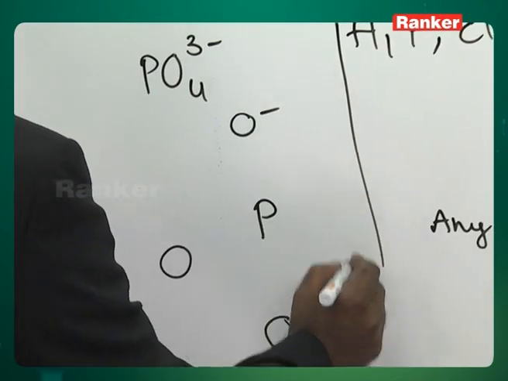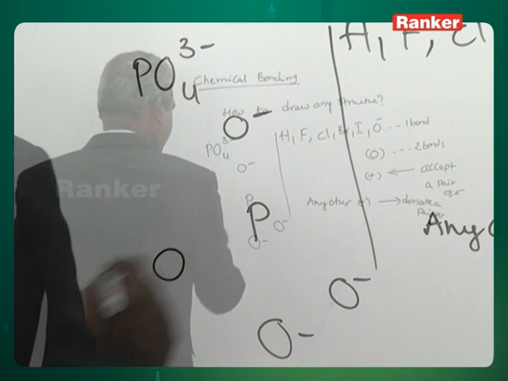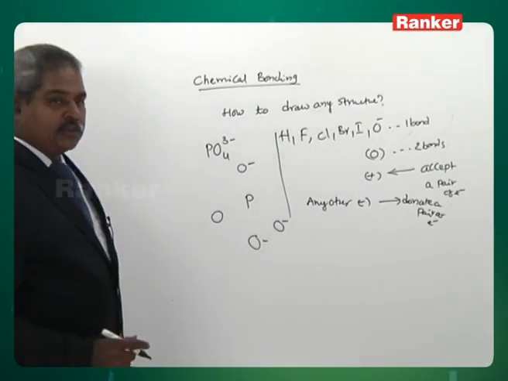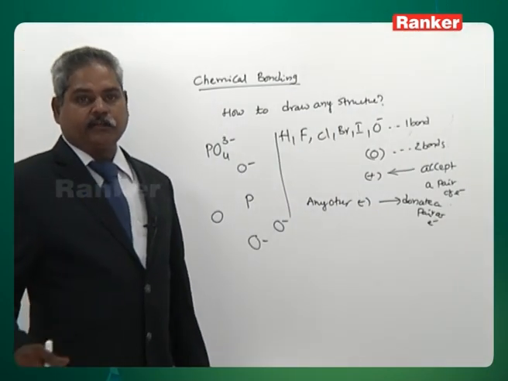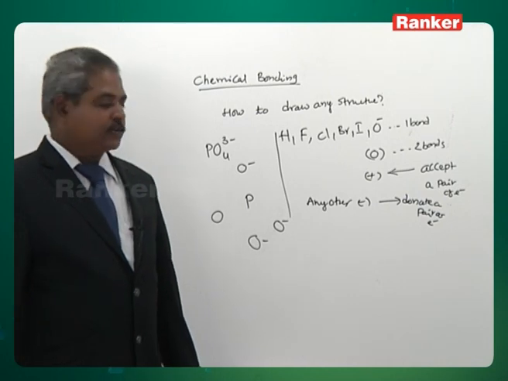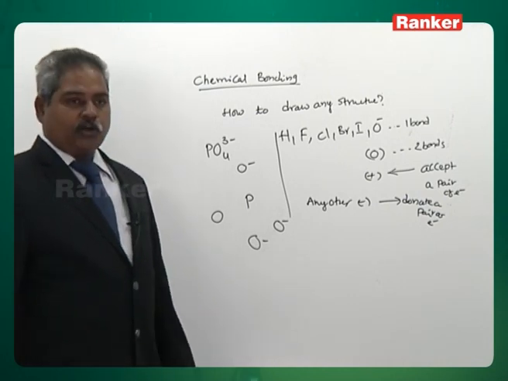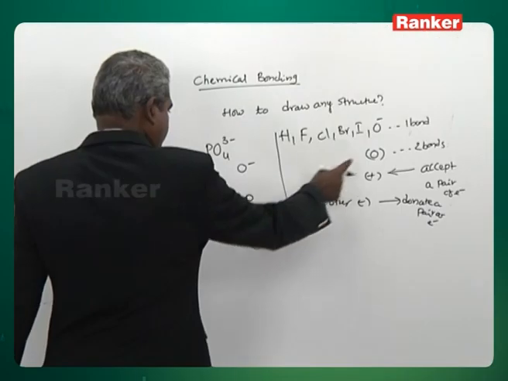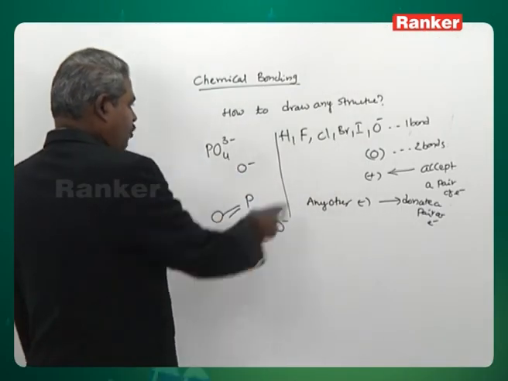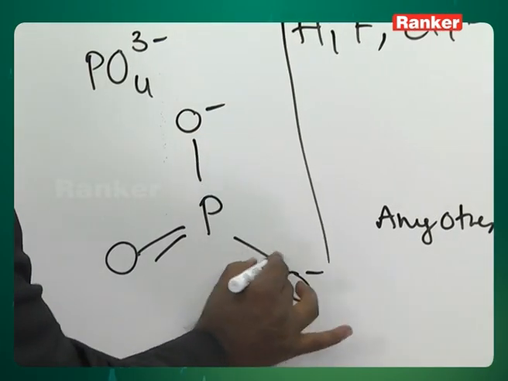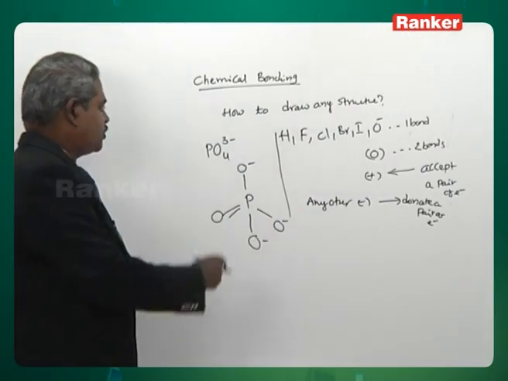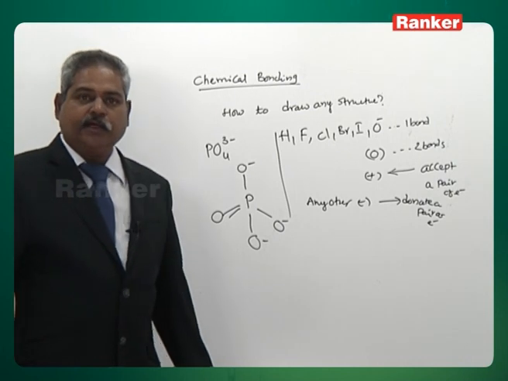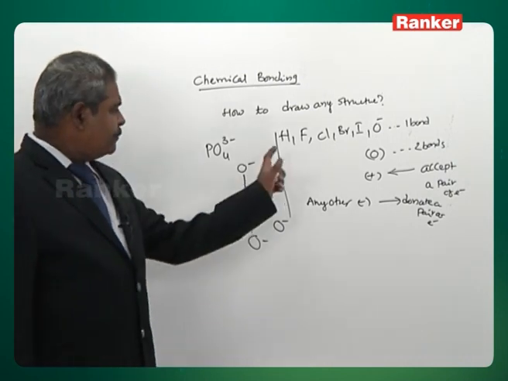So minus, minus, minus, O minus. Out of the 4 oxygens, only 1 is an oxygen atom, the other 3 are O minus ions. And what is the role of oxygen? Oxygen forms 2 bonds. I am just translating what I have written there. O minus forms 1 bond each. Over, that is the structure of PO4 3 minus. Anyone can draw it by just applying a simple procedure.